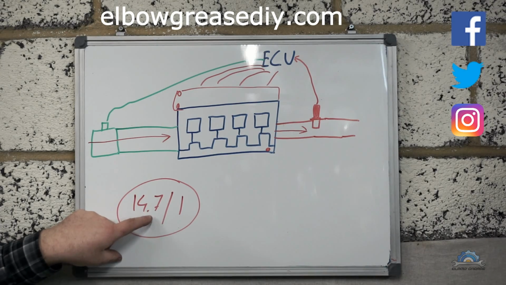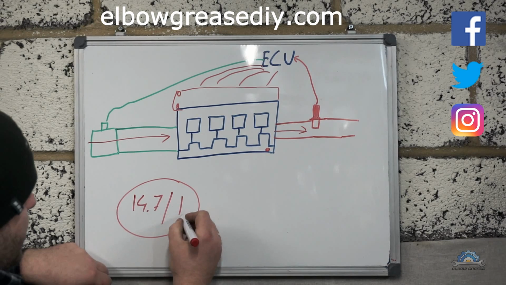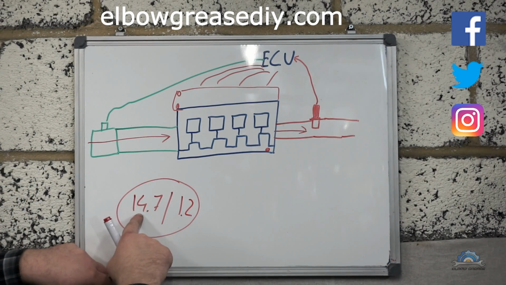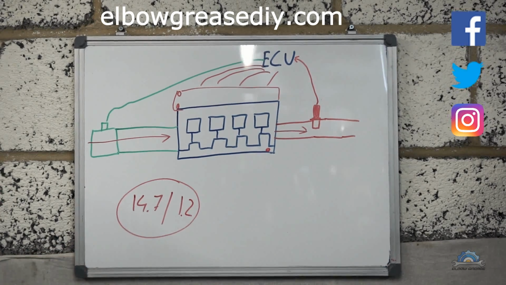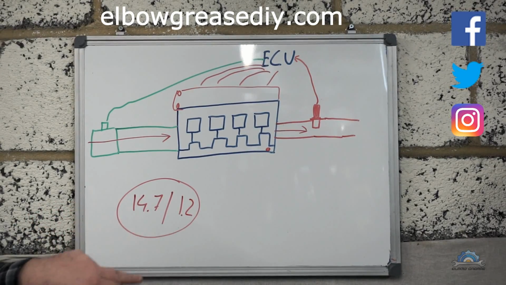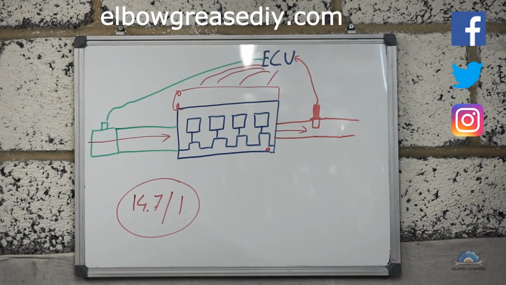When the engine is cold, we're gonna get maybe 1.2, which is 14.7 parts of air to 1.2 parts of fuel. That's because the engine is cold and needs to warm up quicker. Later it should go back to 1. And this is the situation where the ECU wants to be always.